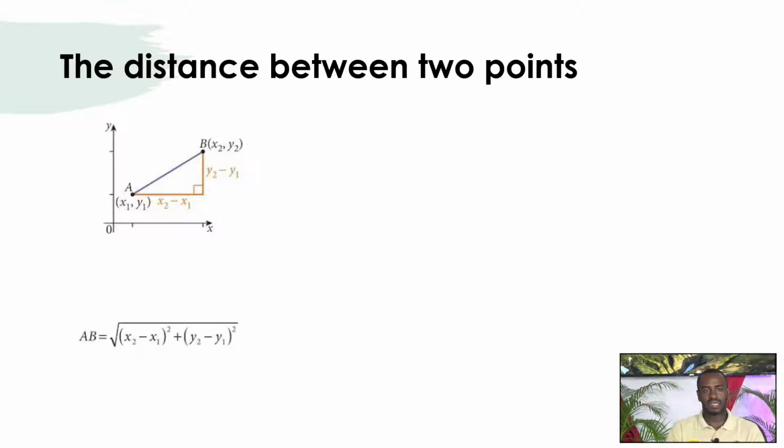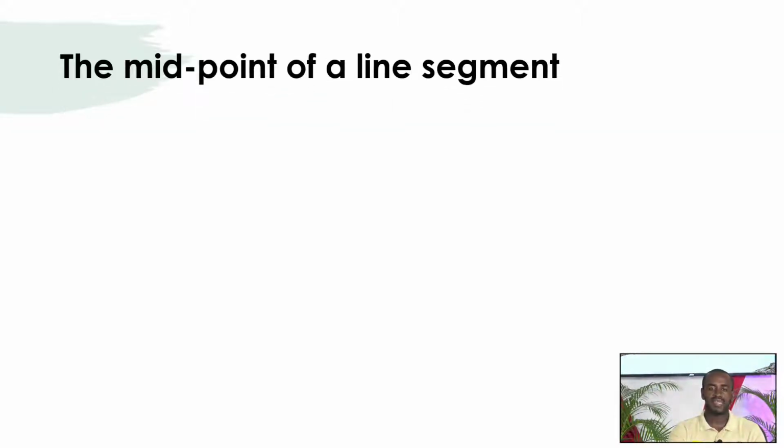And this is the formula that you use to find the length of a line. That is, AB is equal to the square root of x2 minus x1 all squared plus y2 minus y1 all squared.